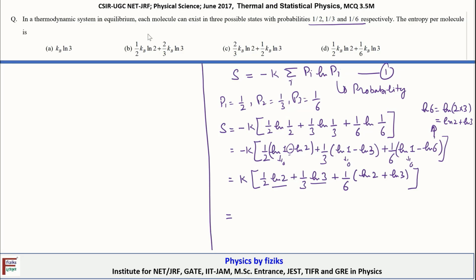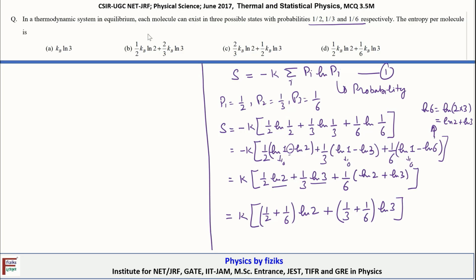Now we are going to collect the terms involving the same logarithm. So this is equal to K times: the ln 2 terms we bring together, 1 by 2 plus 1 by 6, multiplied by ln 2, and the terms having ln 3 in common, plus 1 by 3 plus 1 by 6, multiplied by ln 3.